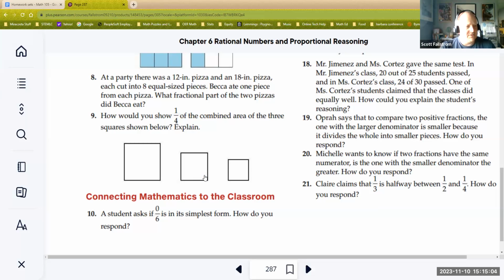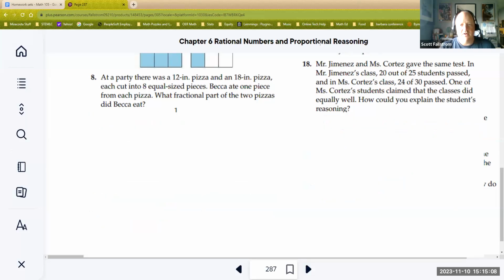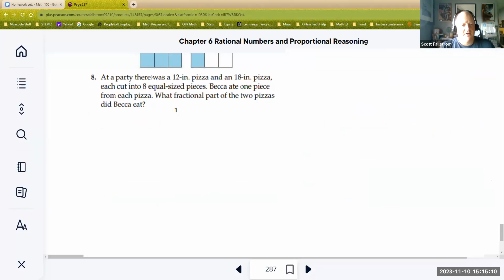So this question, let's get some white space here for number 8. What fractional part of the two pizzas did this person eat? I think for this one, this is a little bit of thinking about pizzas being cut.